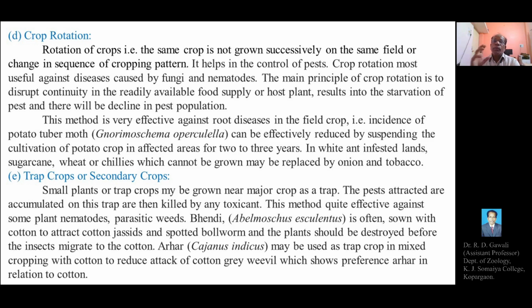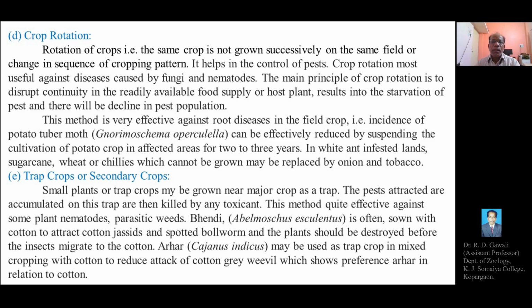Thus we can collect them, or we can employ some other chemical control measure for the killing or destruction of these pests which have been diverted from the major crop cotton to the trap crop bhendi.